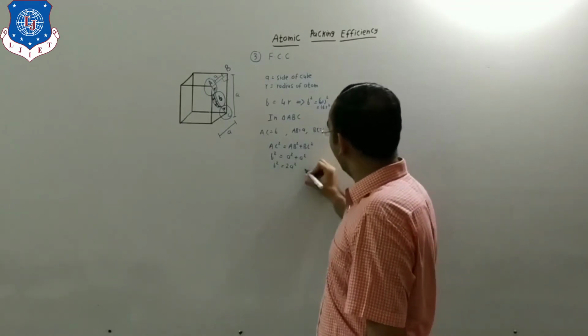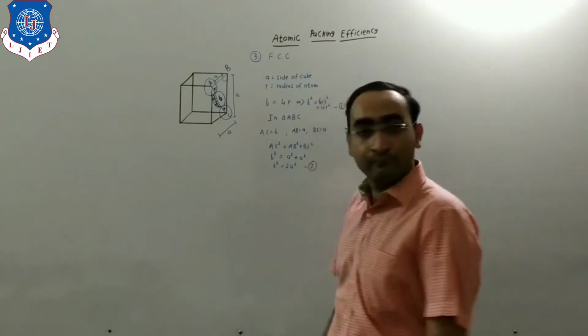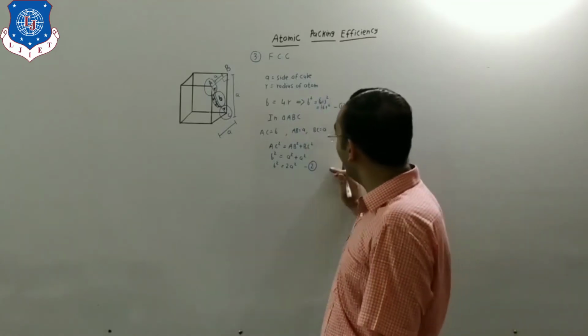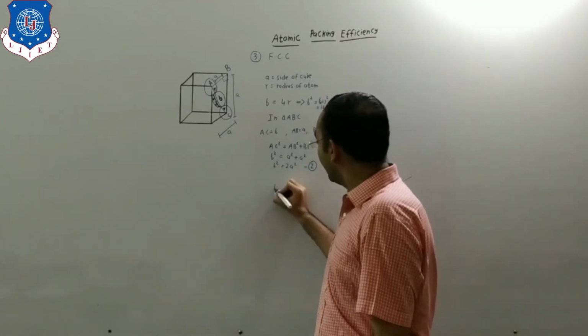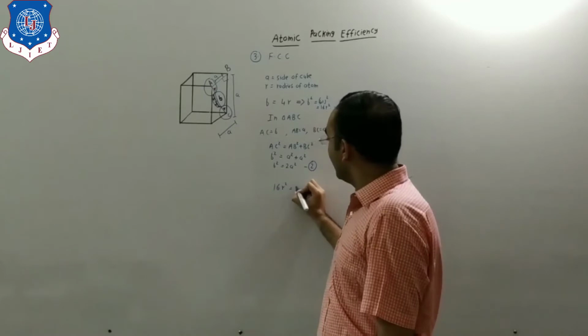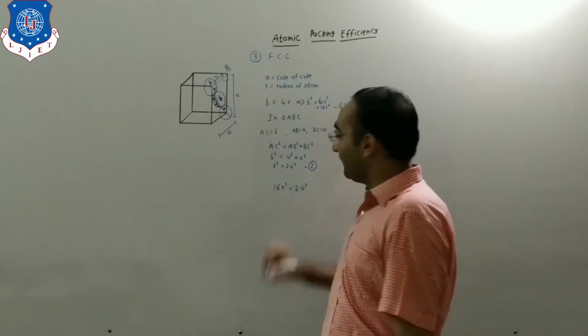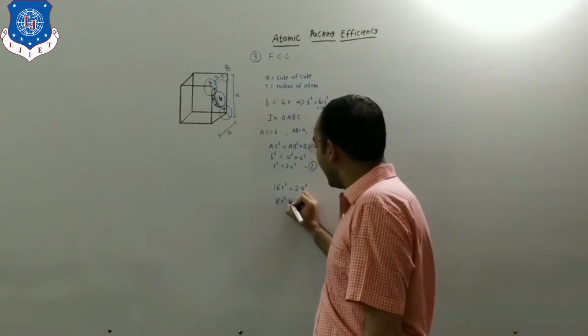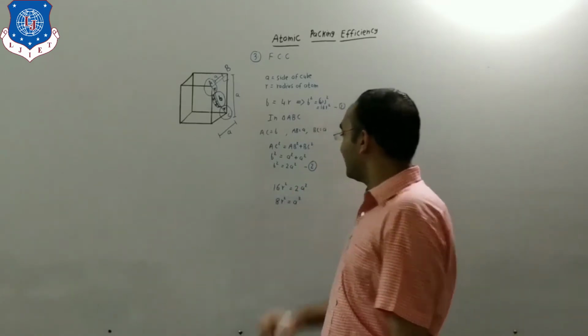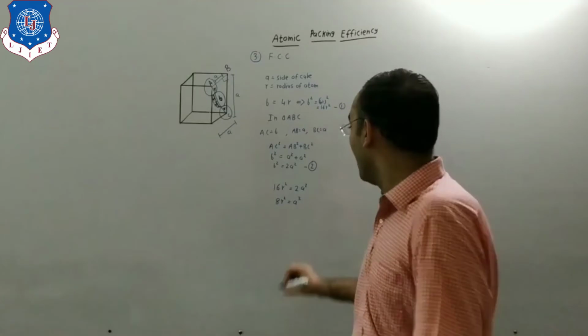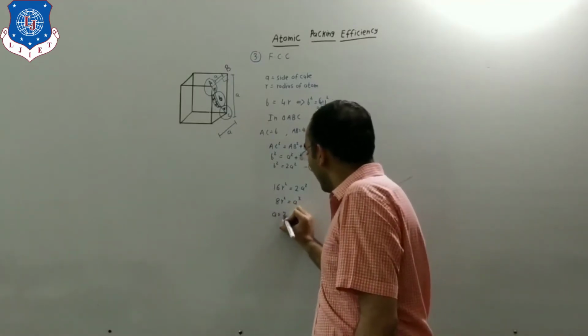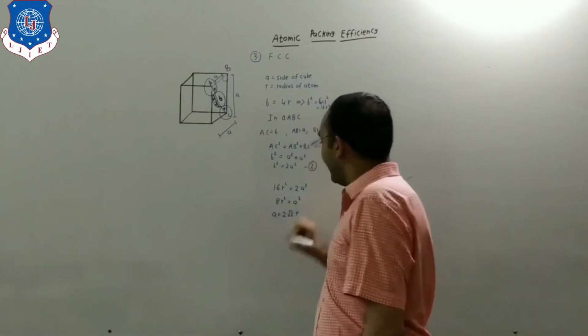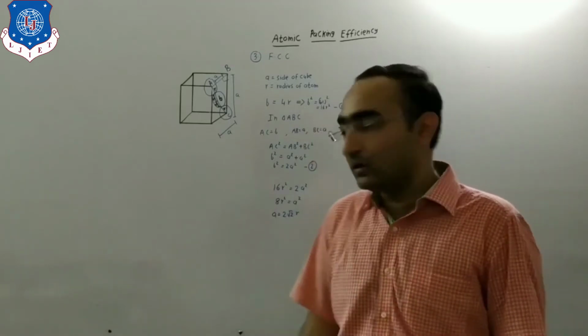Comparing equation 1 and equation 2, 16R square is equal to 2A square. What will be left here? 8R square is equal to A square. Now, taking the square root, A is equal to 2 root 2 R. Clear?